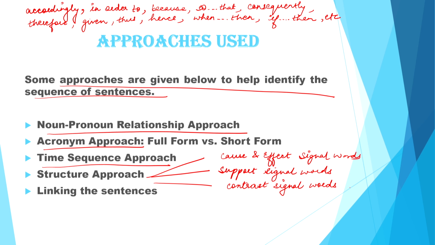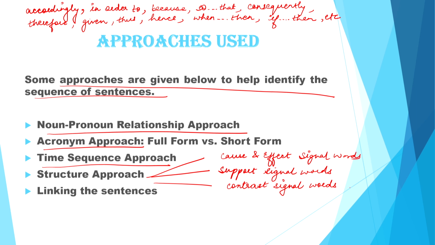Now, moving on, next is support signal words. So, basically look for words or phrases supporting a given sentence. Sentences containing these words will generally not be the opening sentence. Keep this in mind. These sentences will follow immediately the sentence supported.